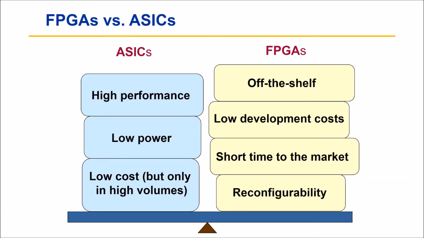The other approach is to implement our design on FPGA. By using off-the-shelf technology, we can decrease time to market and reduce the cost of development for low-volume production. It also provides the flexibility of reconfigurability.